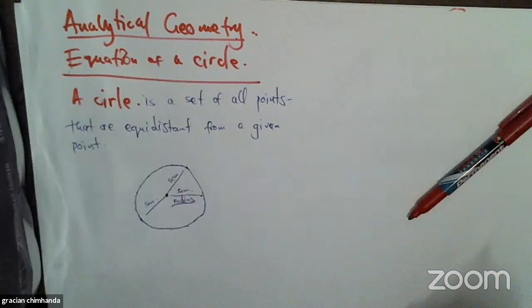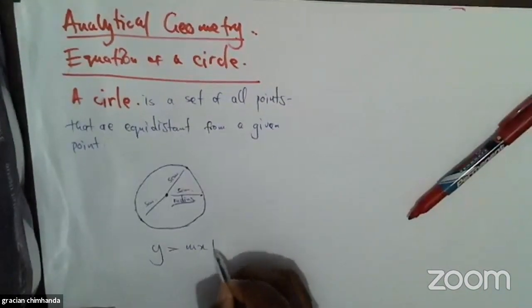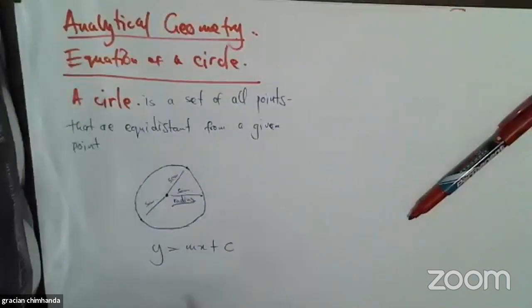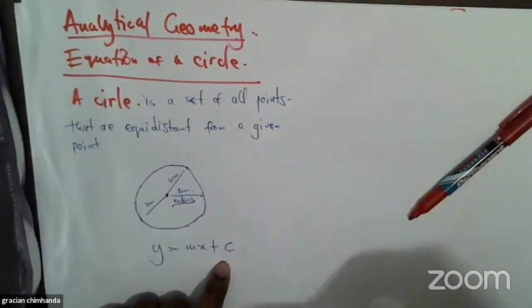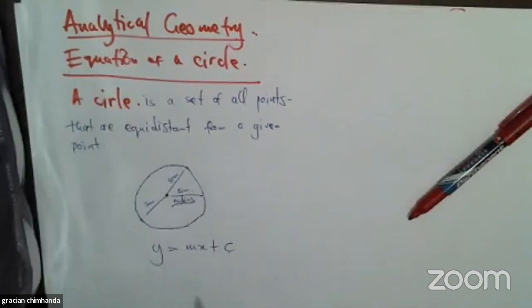An example, the equation of a line is in the form y equals mx plus c, where c is the y-intercept and x is the variable we're looking at. Basically, if we are to get to a point, how many steps do we move in x in relation to y? That's what we are interested in.